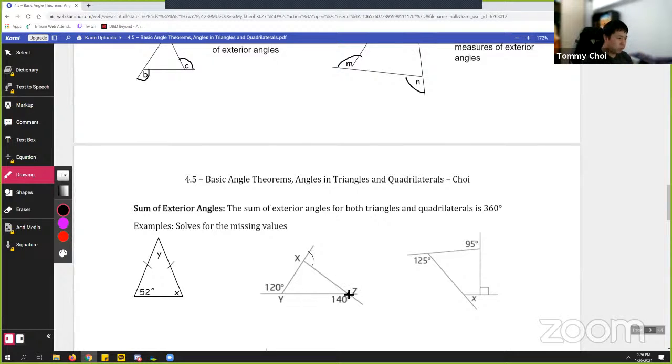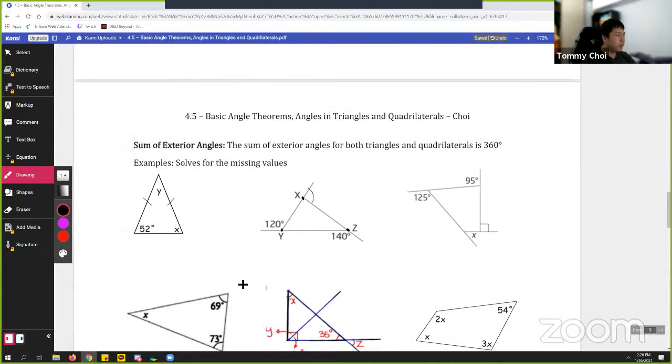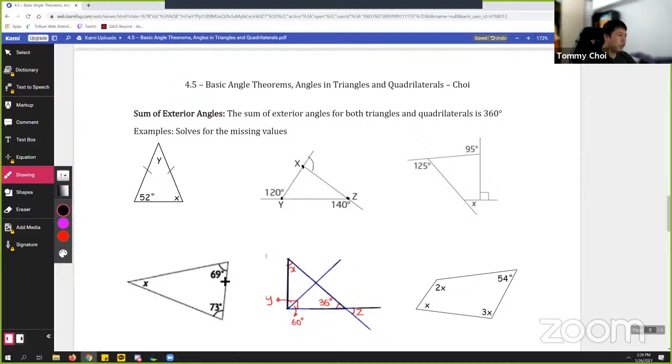So, first off, let's try these 2 questions here. The first one is an isosceles triangle. These 2 sides are the same, which means x is also equal to 52 degrees. These two angles have to be the same.